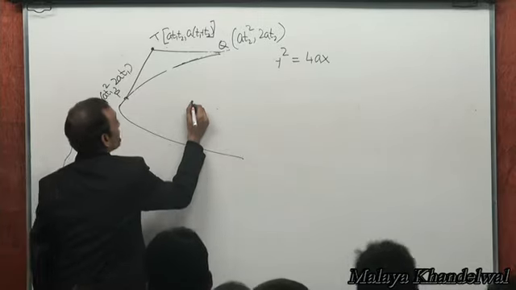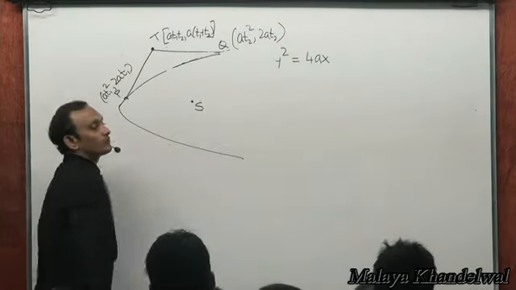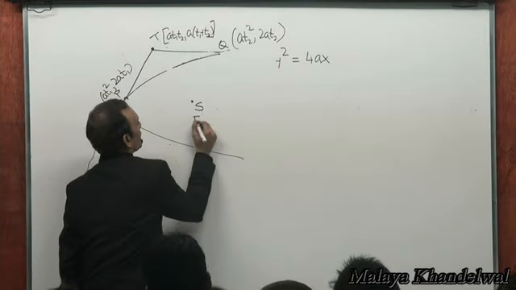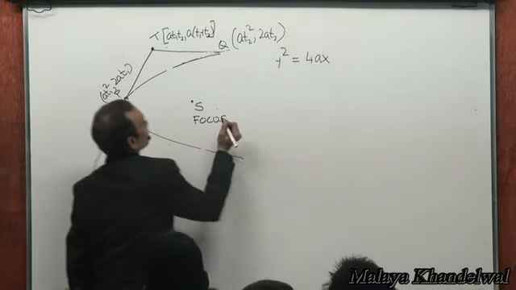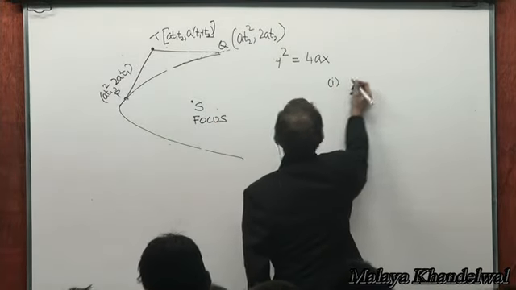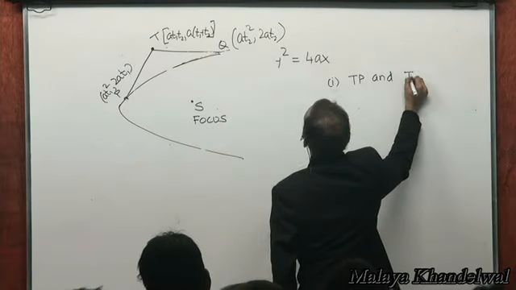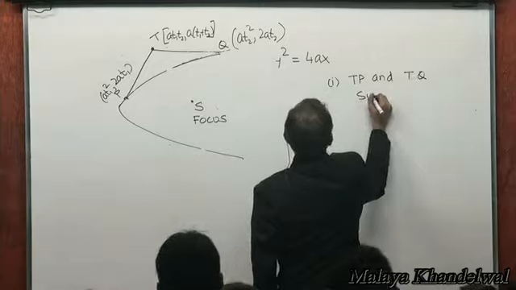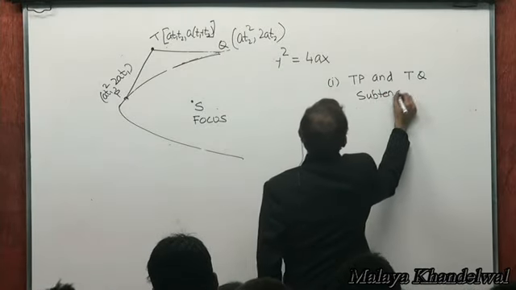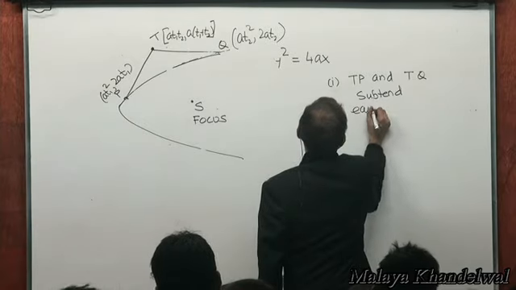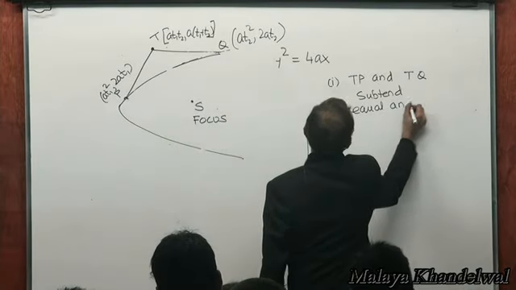Now S is the focus of the parabola. I want you to check for yourself that TP and TQ subtend equal angles at the focus.